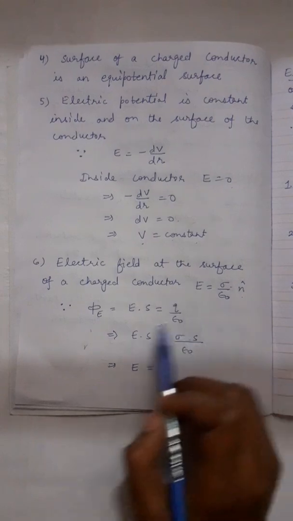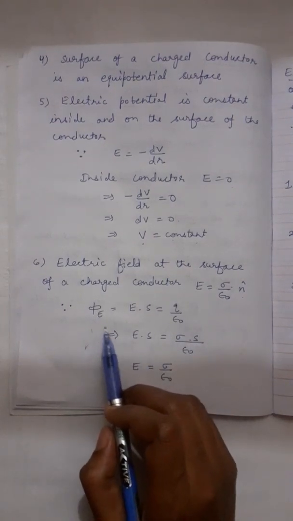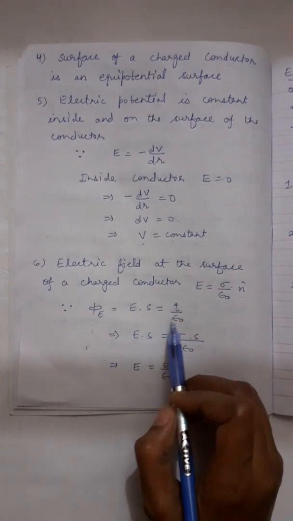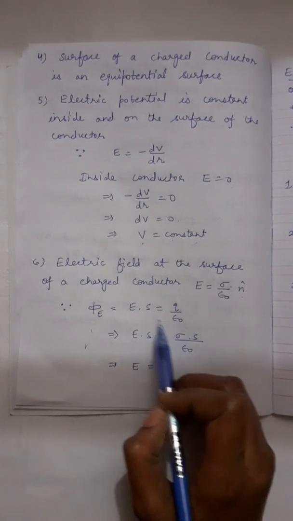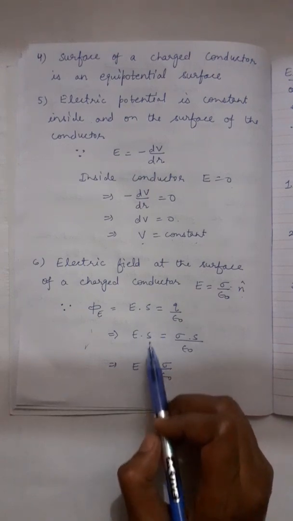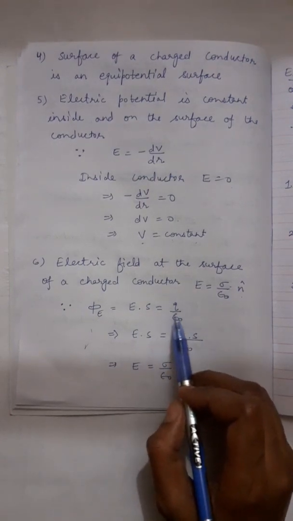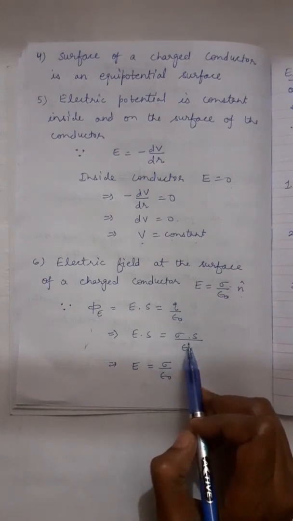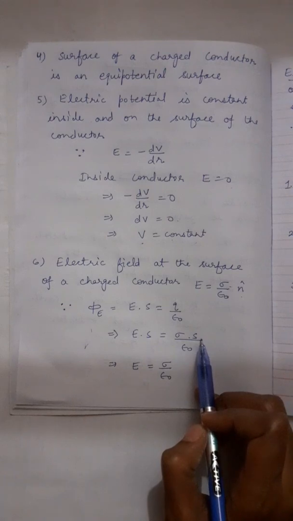We can prove it by this flux value. Phi is equal to E dot S is equal to Q upon epsilon naught. Here I have taken the total surface as S. So the total charge we can write as the surface charge density into the total surface.